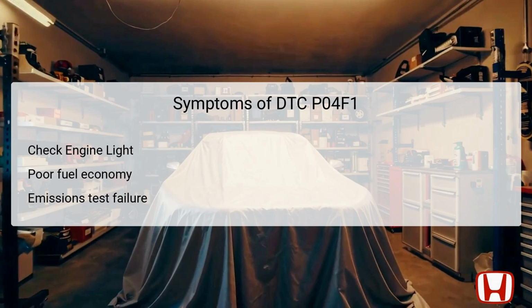Furthermore, a vehicle exhibiting this DTC may ultimately fail emissions tests due to improper vapor control, resulting in increased environmental harm. These symptoms highlight how a seemingly minor issue can compound into larger problems affecting vehicle performance and regulatory compliance.